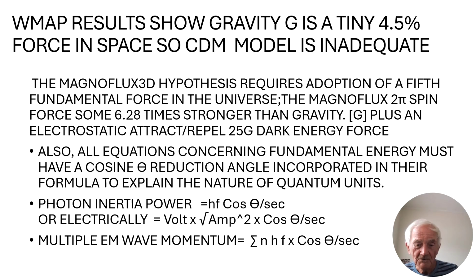Photon inertia power is equal to hf, which is Planck's constant of course times frequency, cos psi per second, or electrically it's volt times amps, cos psi per second. Multiple electromagnetic wave momentum, of course you just add up everything of all the different frequencies and all of the quantities and you will get the result you're after.